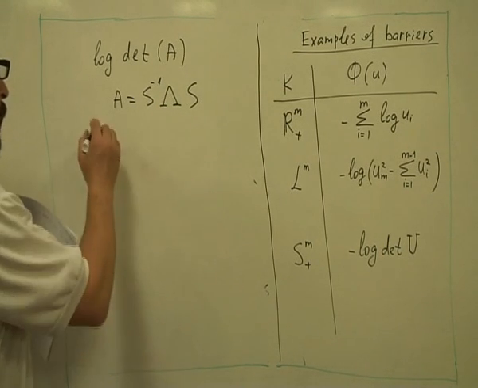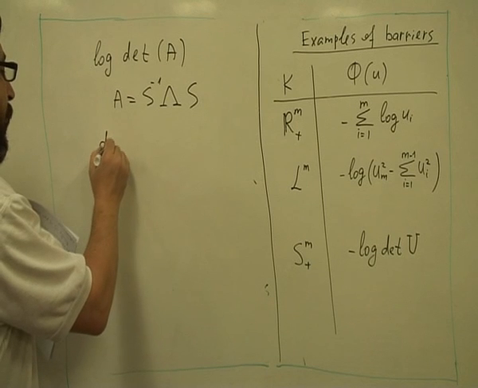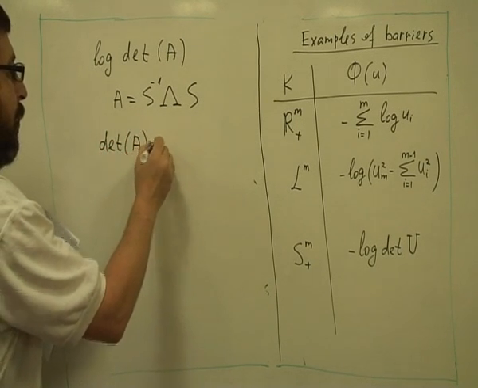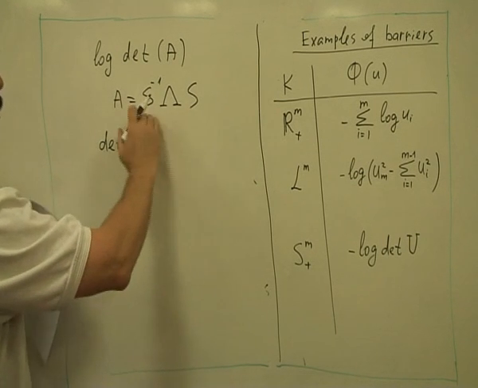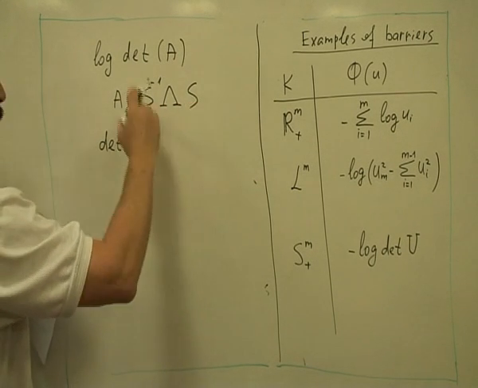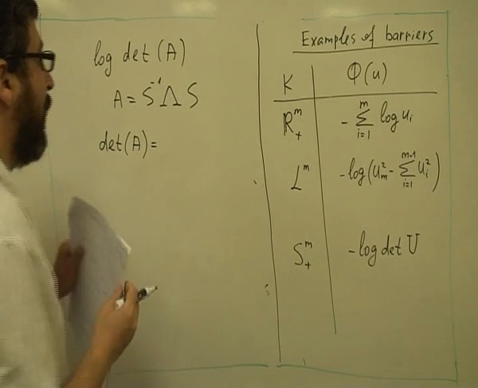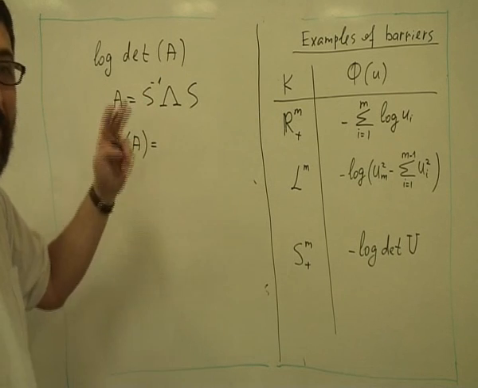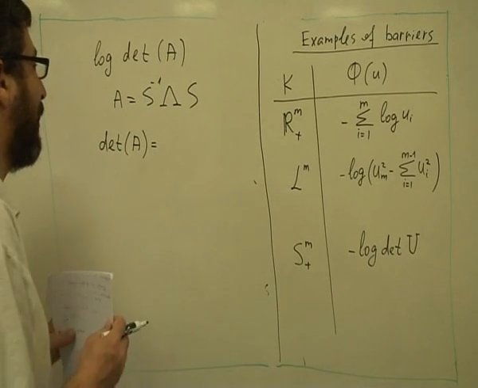Then what is the determinant of A? We know that the determinant of a product is the product of determinants, and also the determinant of the inverse is 1 over the determinant of the original matrix.